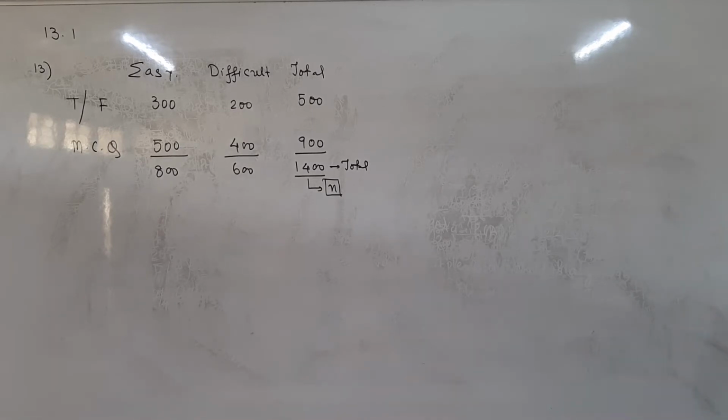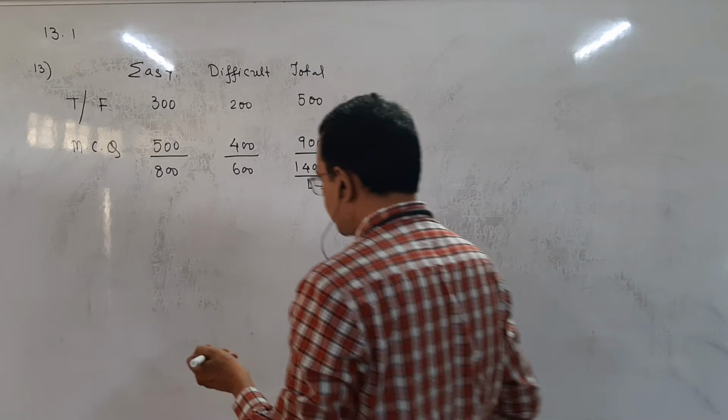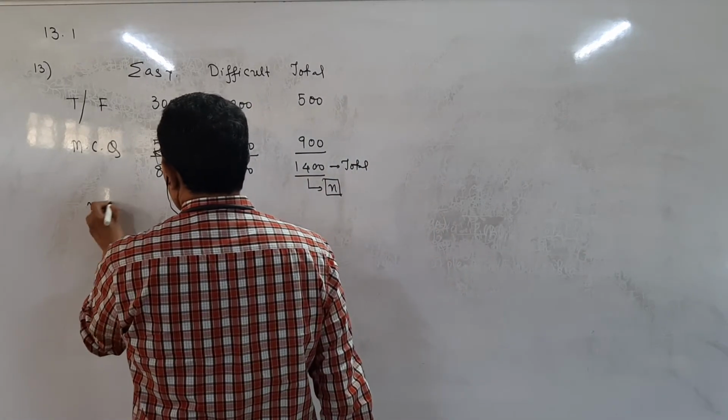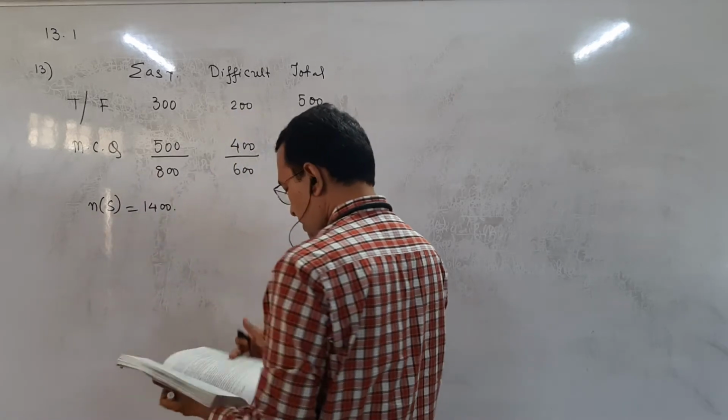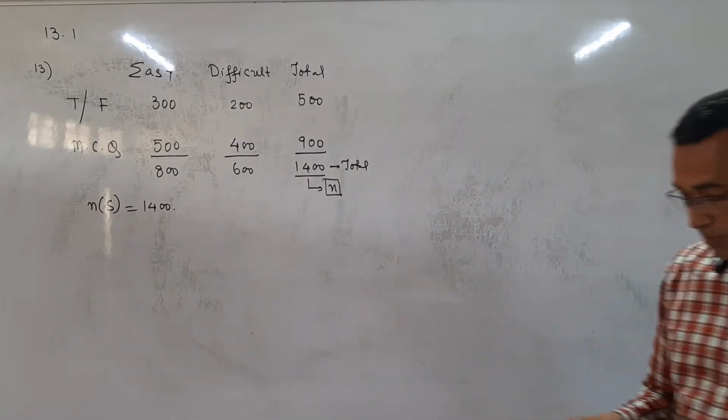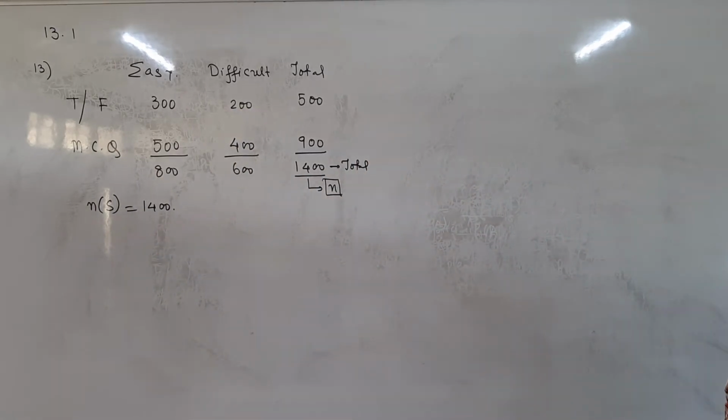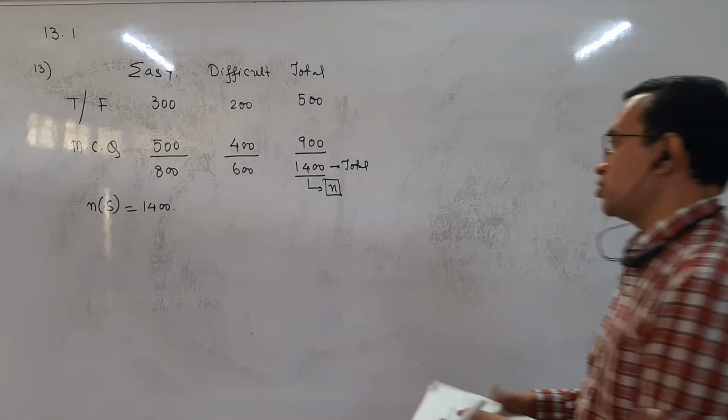So, let us go further. If a question is selected at random from the question bank, the sample space n(S) will be 1400. Then what is the probability that it will be an easy question given that it is a multiple choice question?